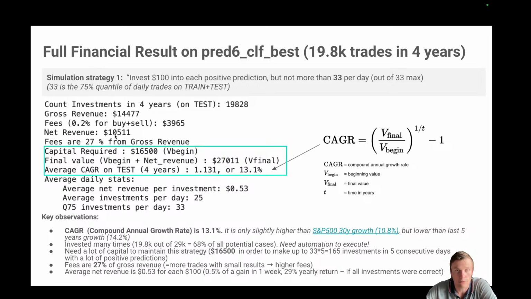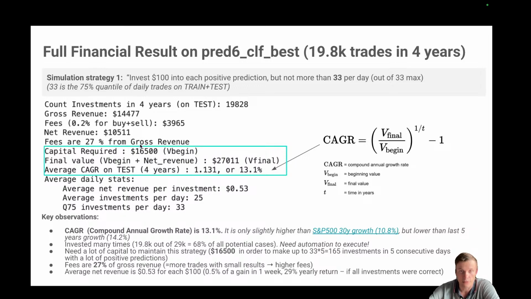Net revenue is 10,500. Then we knew that in order to have enough capital to invest $100 for each positive trade, we need to have 16.5 thousand of capital. Otherwise, at some moment of time when we need to trade, we don't have capital. So that's the capital that we start with, 16.5 thousand.